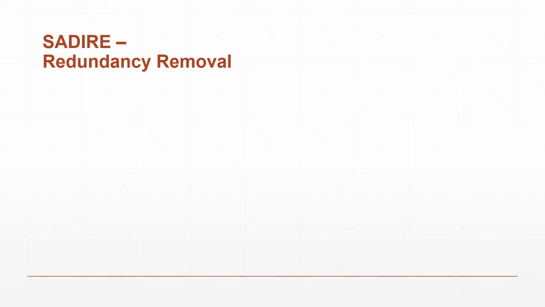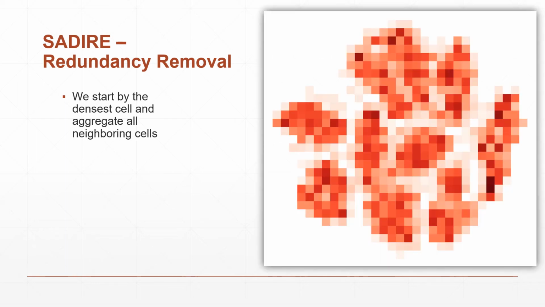Our redundancy removal approach works as follows. We start by the densest cell, which is the center of this window. Then we aggregate all the neighboring cells according to this window and select only the data point inside the center cell as a representative.